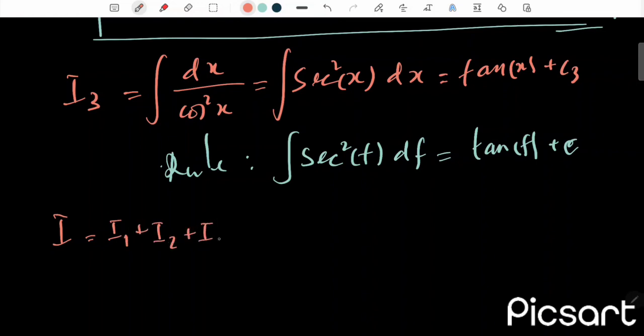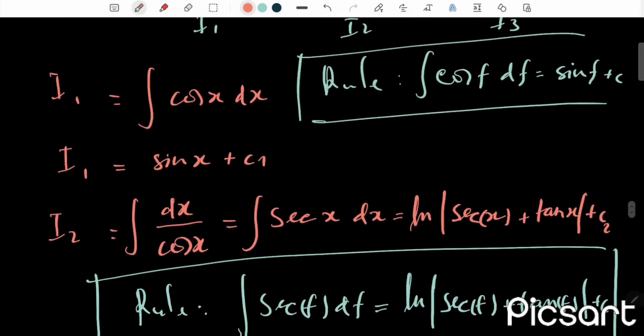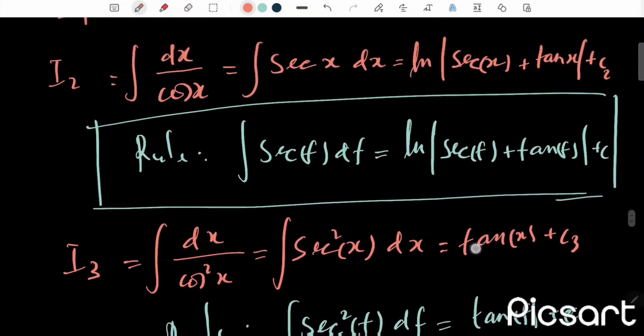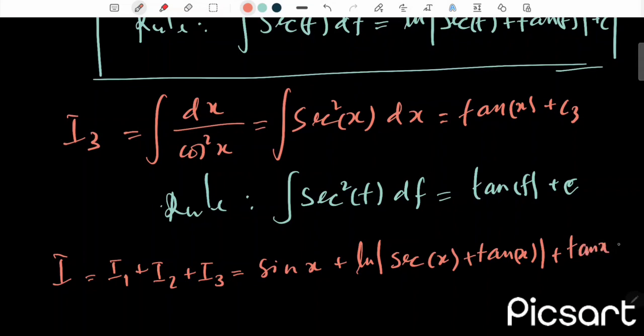So the full I, which is equal to I1 plus I2 plus I3, will be equal to I1, which is sine of x, plus I2, which is ln of the module of sec of x plus tan of x, plus I3, which is tan of x, plus c.